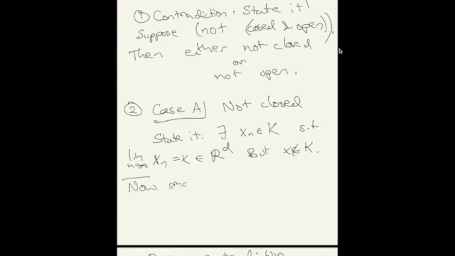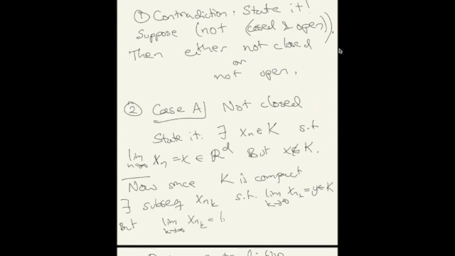Now, since K is compact, there exists a subsequence xnk so that the limit as k goes to infinity of xnk is equal to some y, and this y limit is not just in Rd, it's in K. But subsequential limits are equal to limits if they exist.